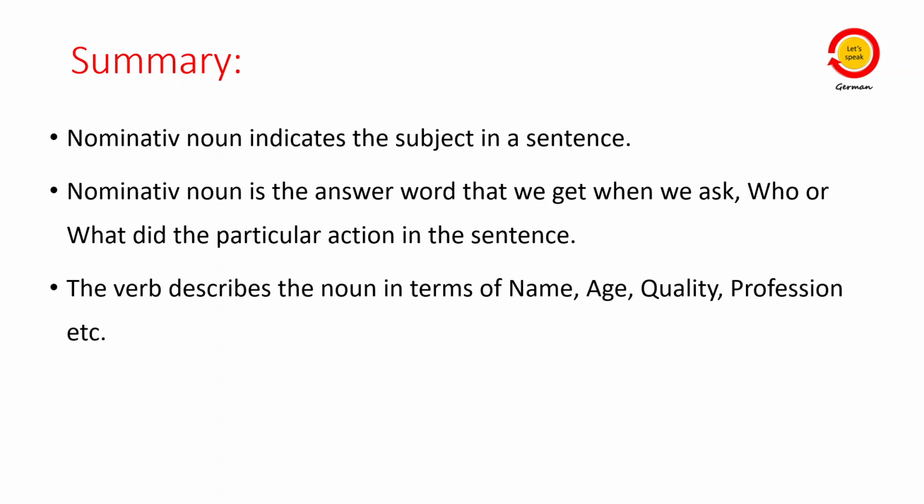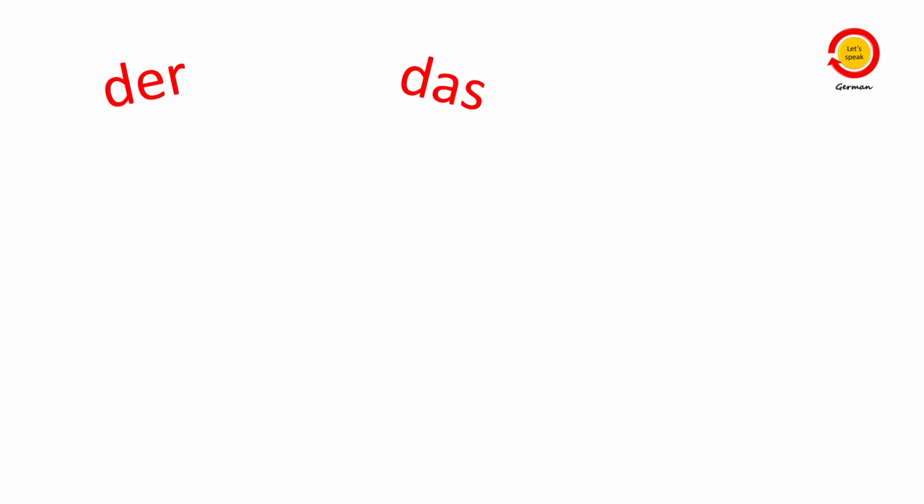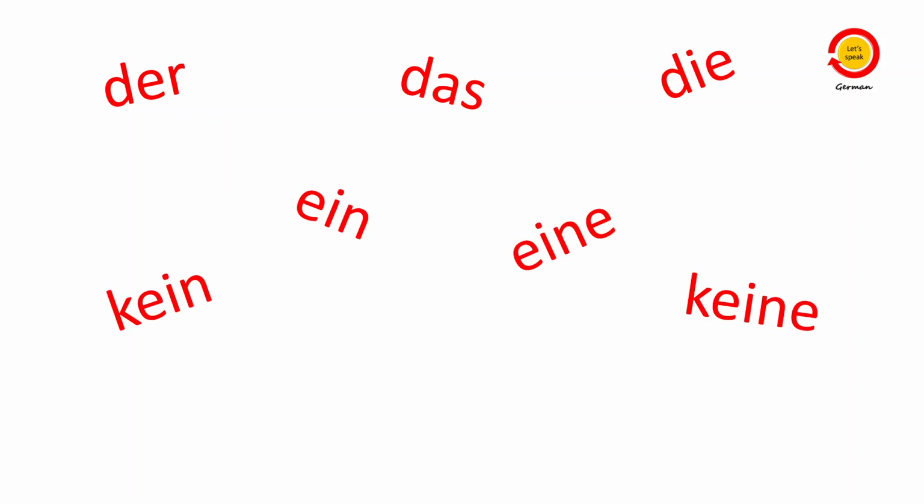The verb describes the noun in terms of name, age, quality, profession, etc. The nominative is also used for these verbs: heißen, to be called or to mean something; sein, to be; werden, to become; bleiben, to stay, usw, etc. The articles to be used with the nominative noun are der, das, die, ein, eine, kein, keine.